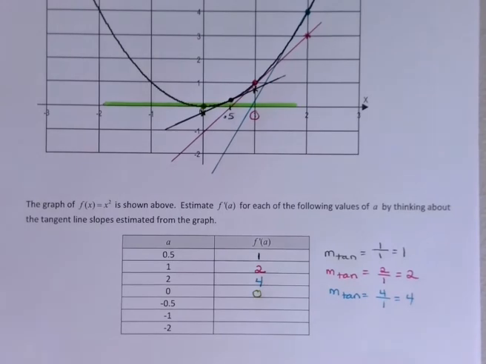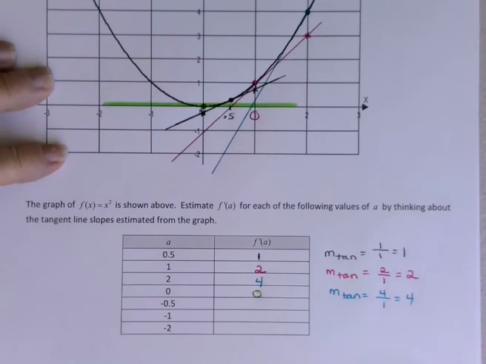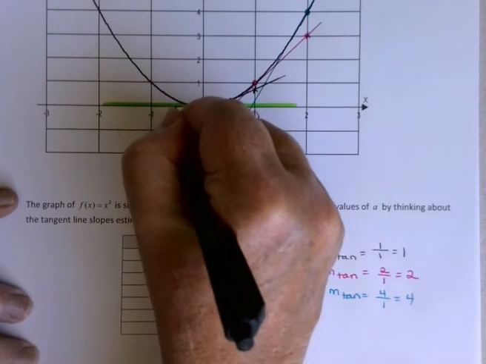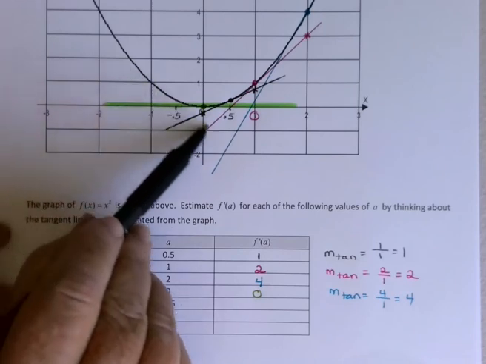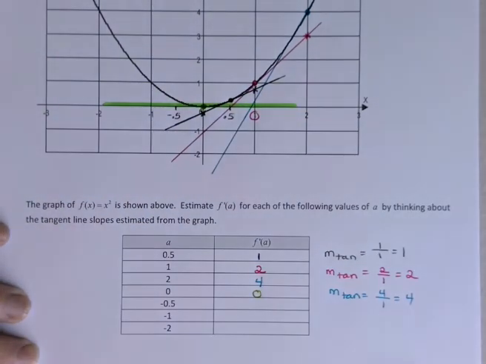All right. The rest of these values are just the negatives, the opposites of the x values we already have. And if you imagine with me for a moment, here at negative 0.5, if I were to draw the tangent line, by the symmetry, the slope would just be the exact opposite of what I had at positive 0.5, right?